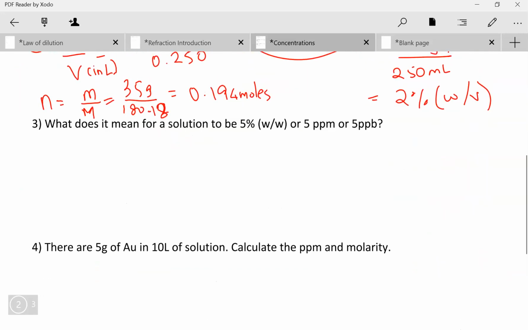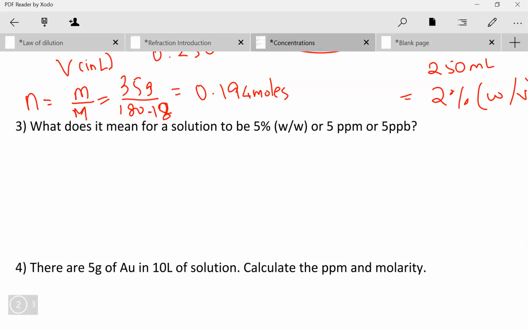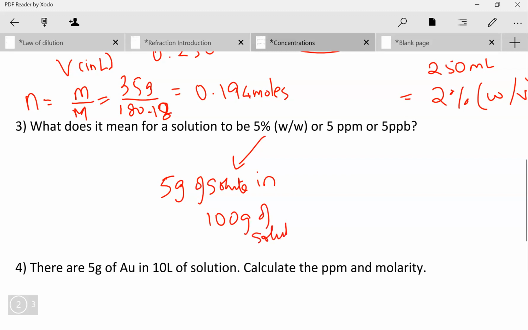So what does it mean for a solution to be 5% weight per weight? When I give you 5% weight per weight, this means that I have 5 grams of solute in 100 grams of solution. That's what that means. In the same way 5 ppm would be 5 grams of solute in 1,000,000 grams of solution.